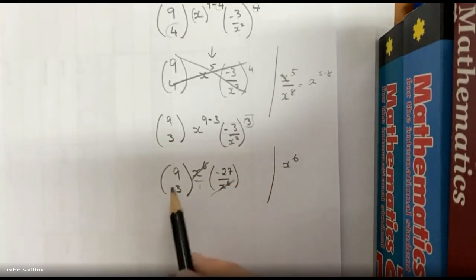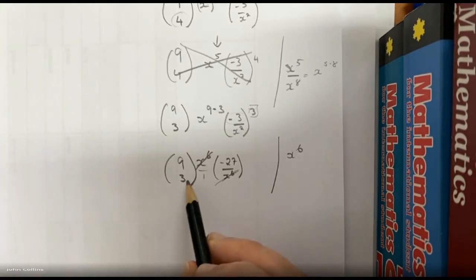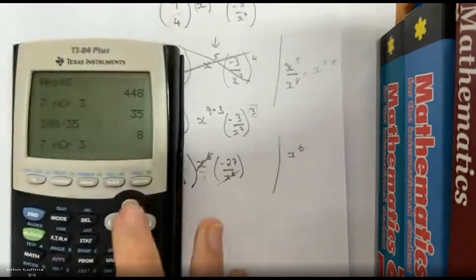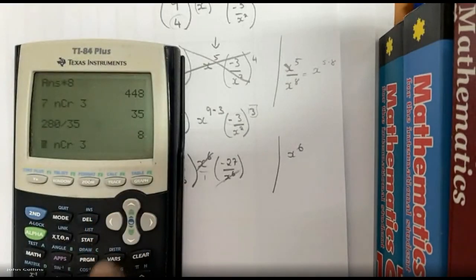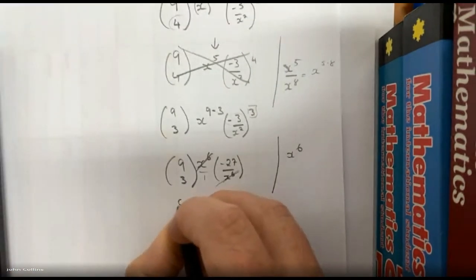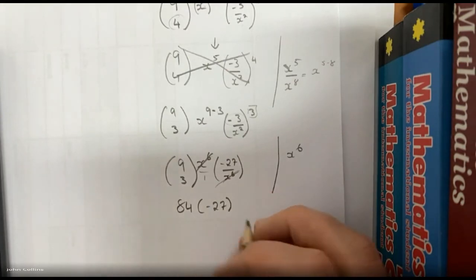Now finding the coefficient. Now that we have this, we don't need to use Pascal's triangle anymore, so we can just go straight to our newly found nCr button. So I just took the one down from before, changed that to a 9. And I have 84, 9 nCr 3. So that's 84 times negative 27, and that will give me the coefficient.